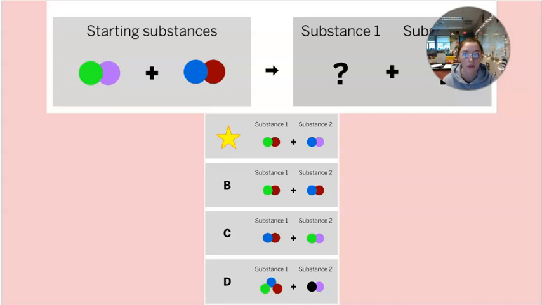Okay, so if I'm talking about a chemical reaction, can an atom ever magically turn into a different atom? For example, could a hydrogen ever become an oxygen?